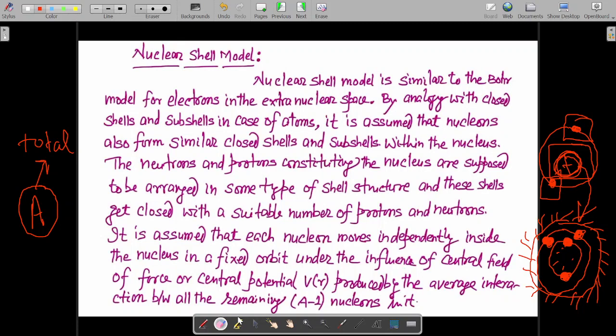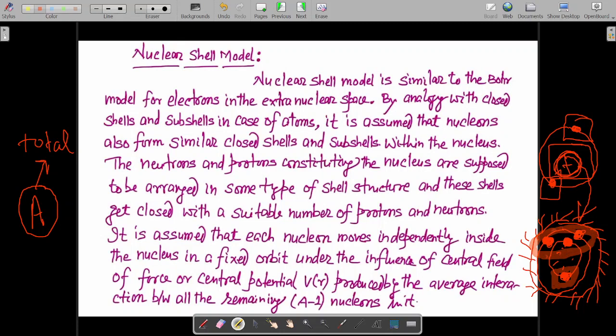So if we consider this particular proton, what forces act on it?